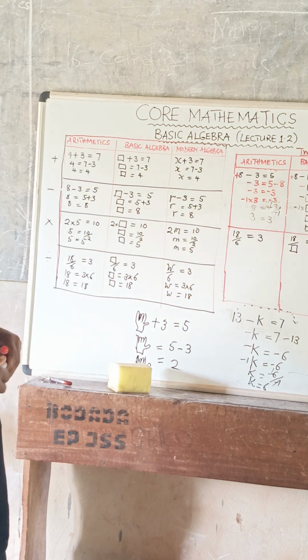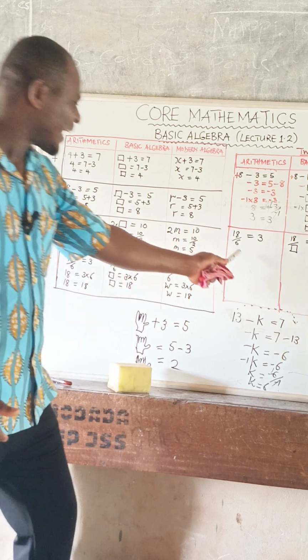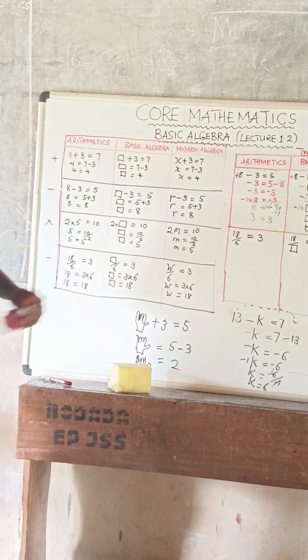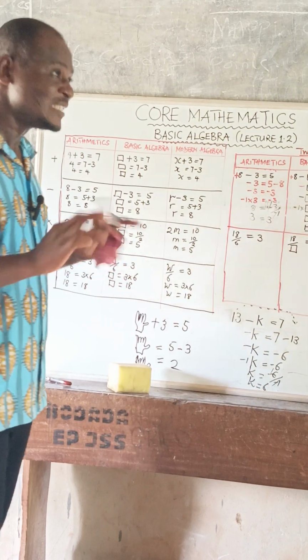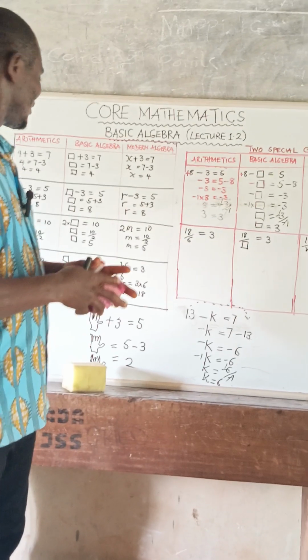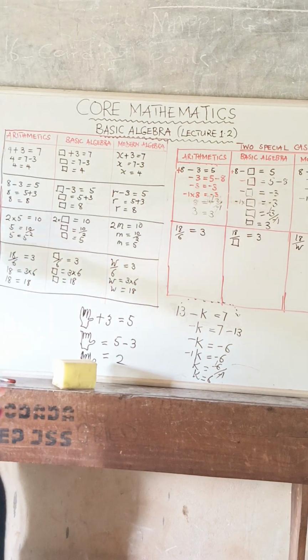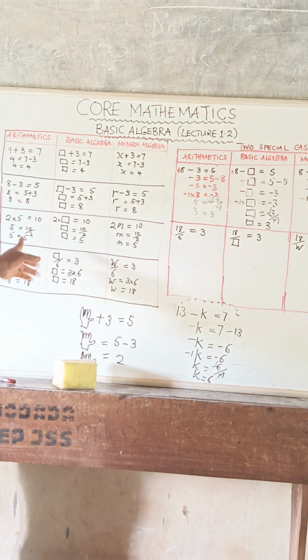Now, we want to proceed here and come up with a story about the division. The division too is not complete. Look at the situation of 18 divided by 6 equal to 3.